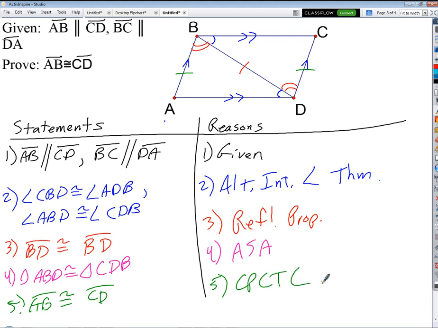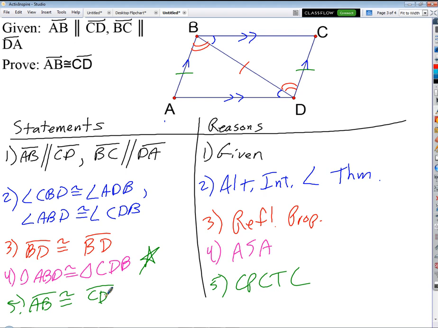Okay, got a question for you. This step is very precise, isn't it? When I come down to this next step and I want to say that side AB is congruent to side CD, could I have written that as side AB is congruent to side DC? Yeah, I could, because even though we're getting there because the triangles are congruent, these two sides can be named without a direct correspondence there, right? What makes segments congruent?